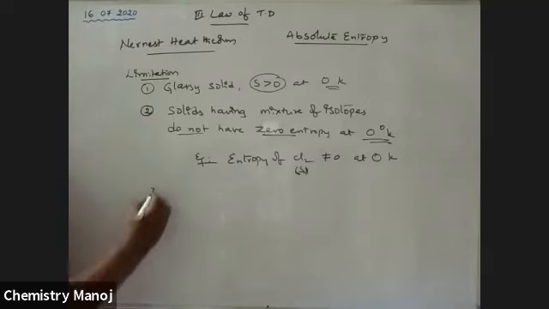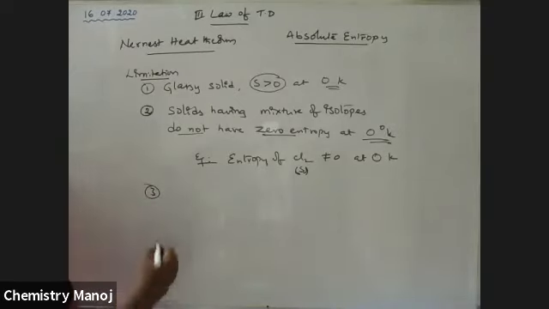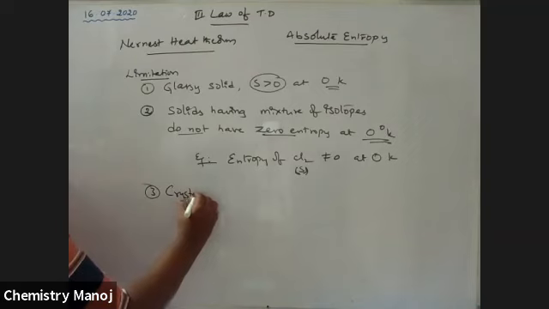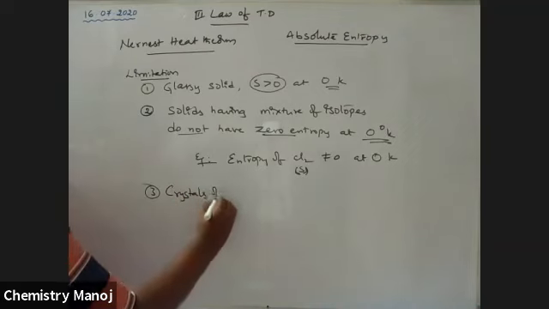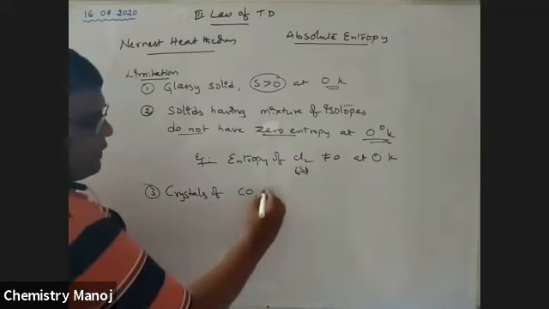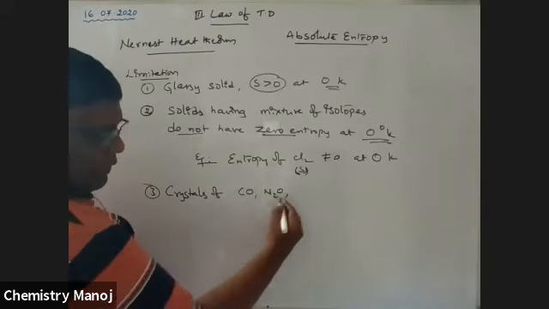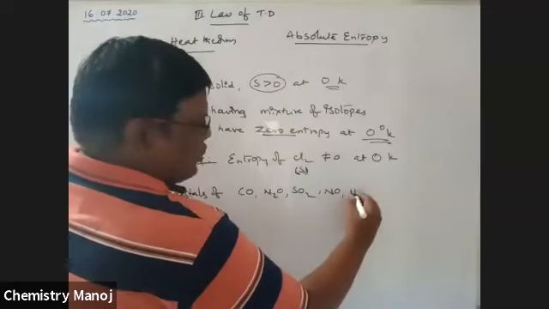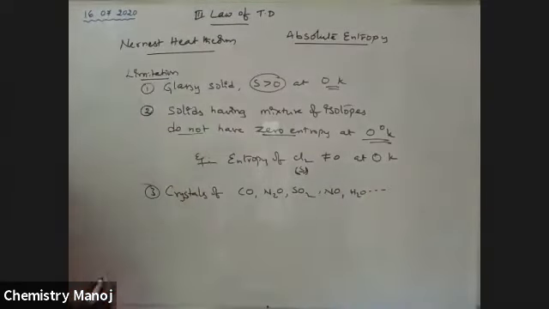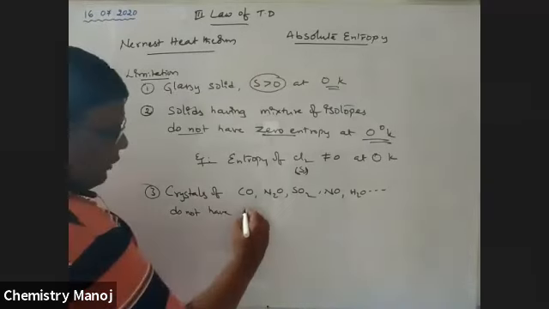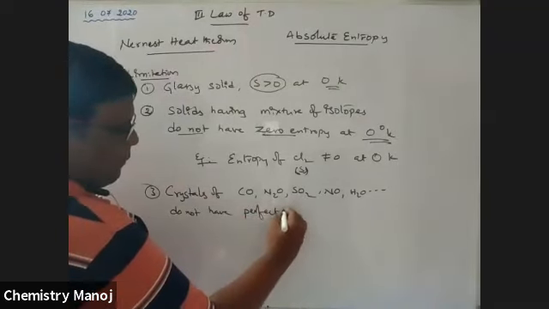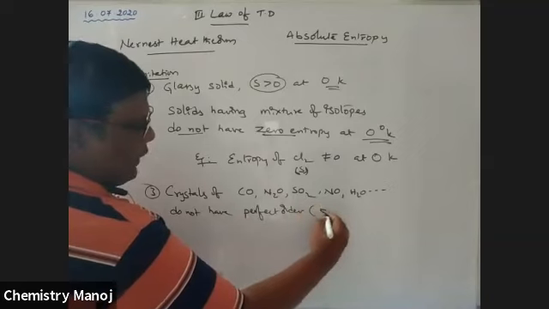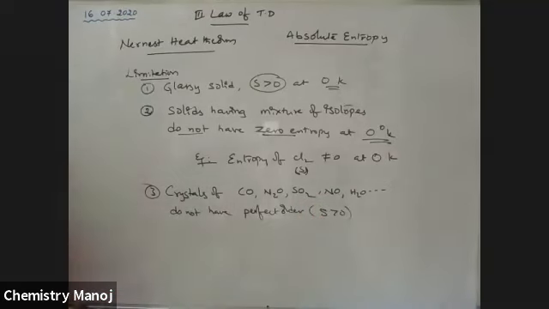Next, the third limitation. That is crystals of carbon monoxide, N2O, SO2, NO, H2O, etc. do not have perfect order, meaning entropy is greater than zero, not equal to zero.